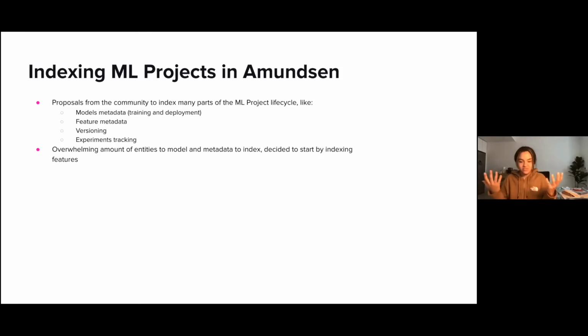So with that being said, these projects tend to be pretty complex. There's an overwhelming amount of entities and metadata that you could pull out from this. So we needed to pick a place to start, and we chose to start by indexing ML features in particular.